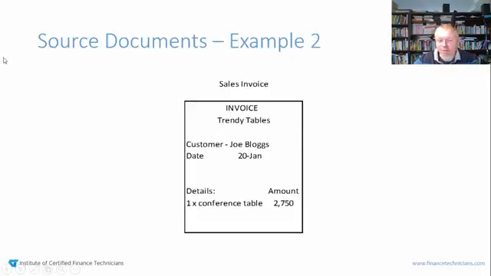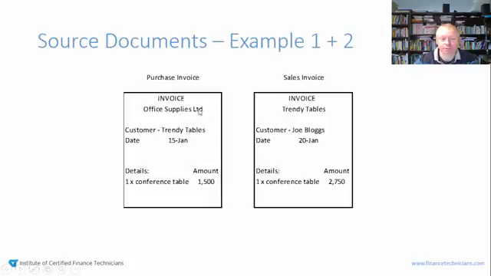Here's another one. Previously, we bought a table from a supplier, and now we're selling it ourselves to somebody called Joe Blog. So this is a sales invoice from us, and we're selling this one conference table that we purchased previously. Obviously, we're selling it at a higher price than what we bought it for. Therefore, we can make a profit. So we have a purchase invoice and a sales invoice.